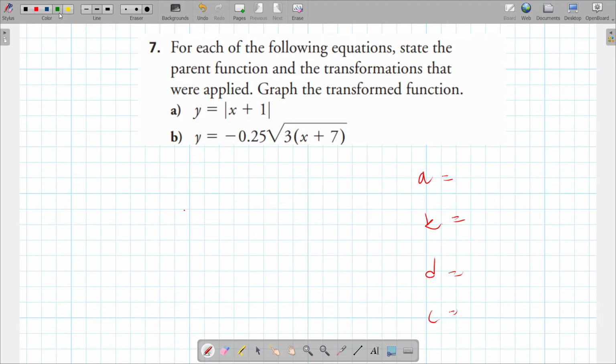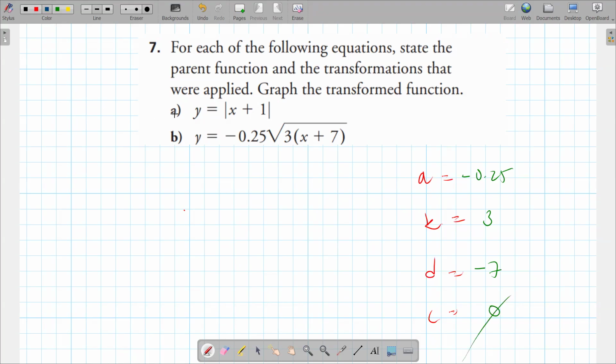D is indeed -7. What's K? It's 3. What's A? -0.25. What's C? 0.